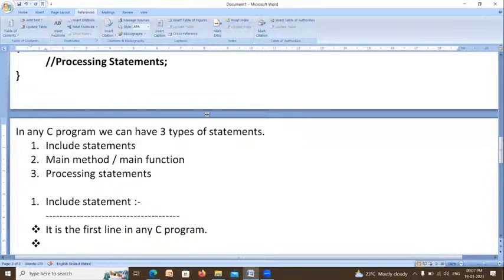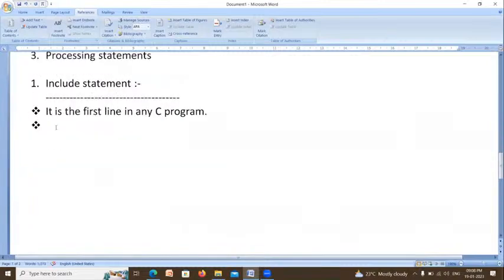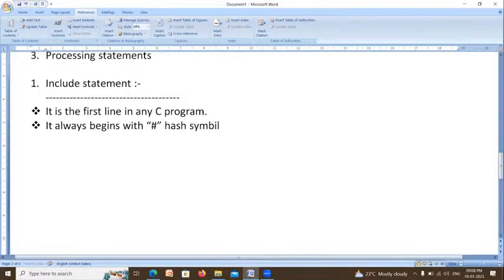So it is the first line in any C program. It always begins with the hash symbol. Symbol name is hash symbol.